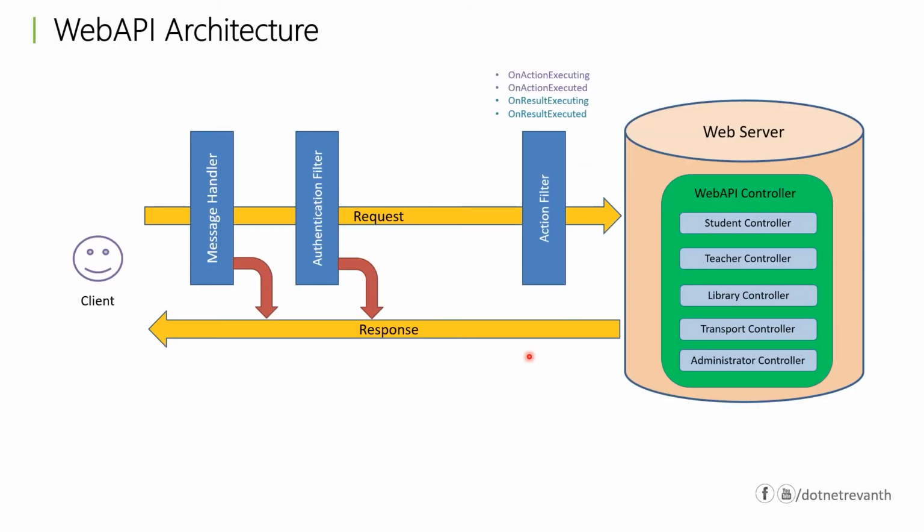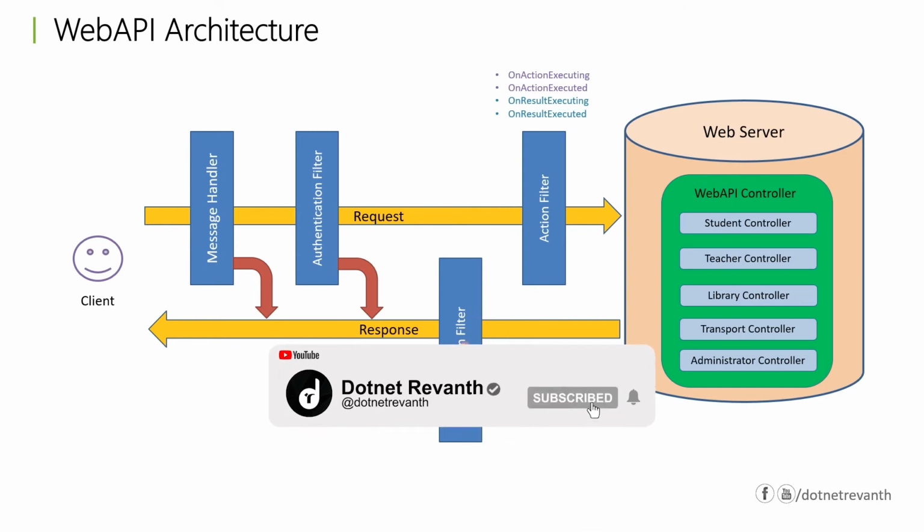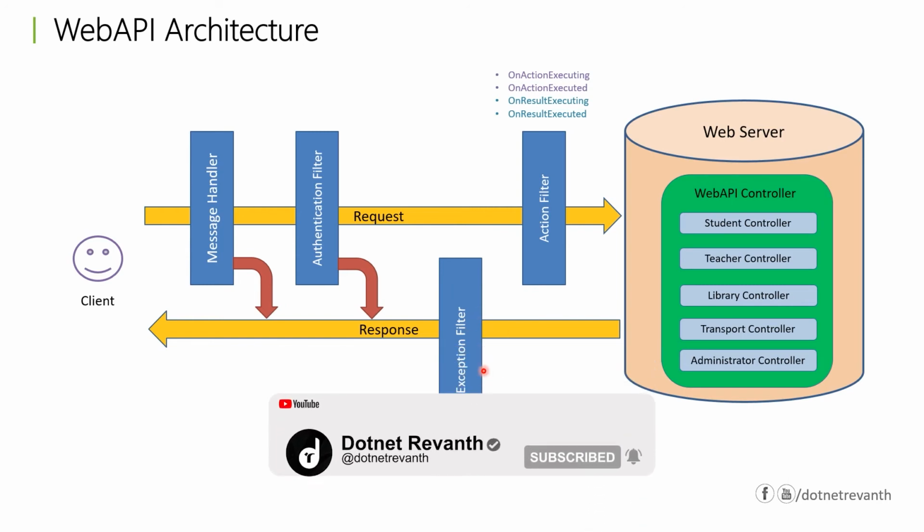Next is the exception filter. Exception means unhandled errors raised in code. These exceptions will be handled using the exception filter. It can be used at the controller level or globally in the WebAPI configuration. We will discuss more details about this exception filter in the programming.